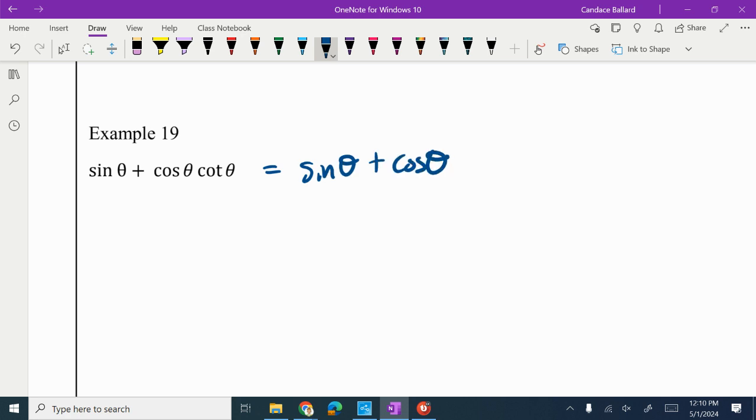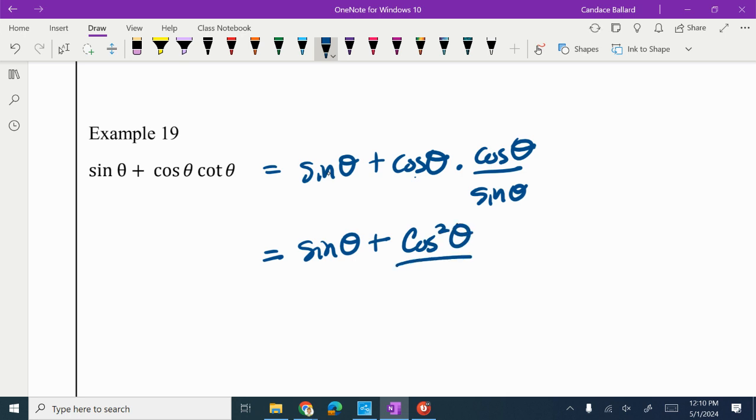What's another name for cotangent? So cosine over sine. Okay. All right. I'm going to see if I can get this simpler. I'm seeing that I have sine theta plus, and I know cosine times cosine is going to be cosine squared theta over sine theta.